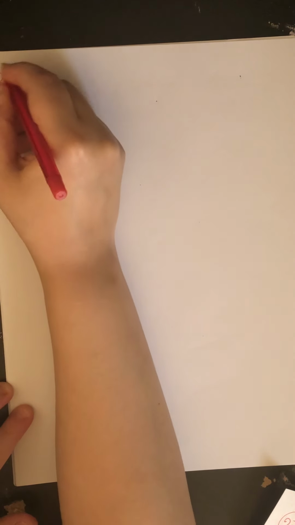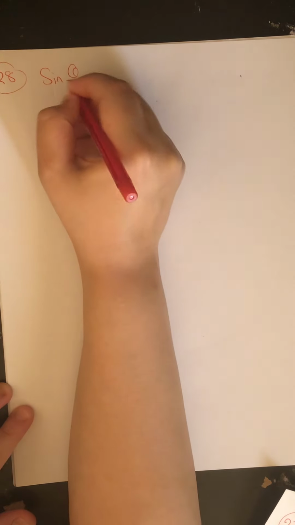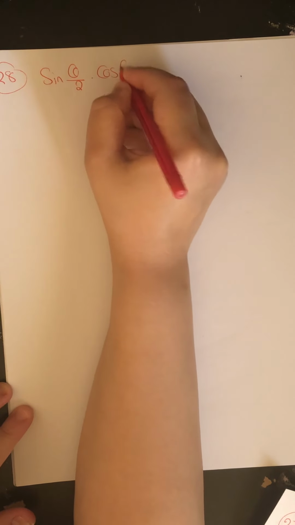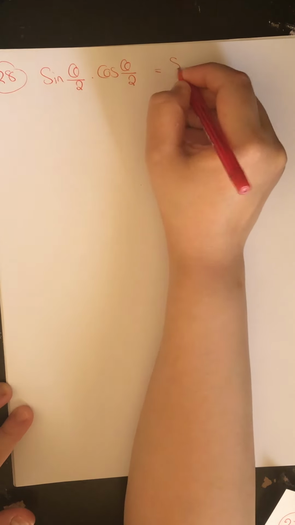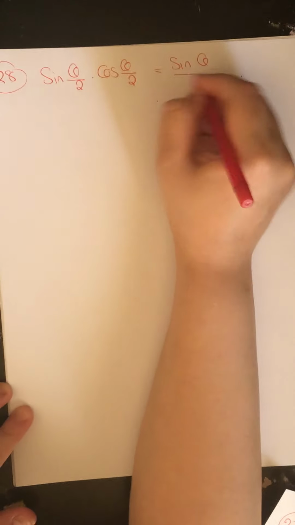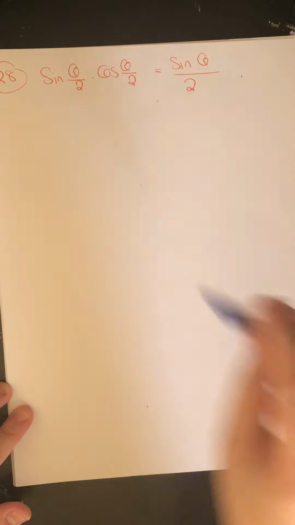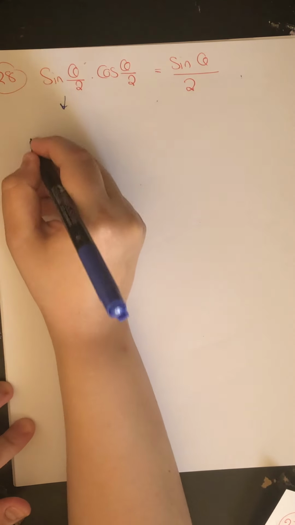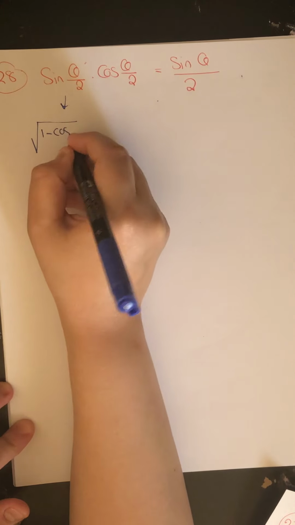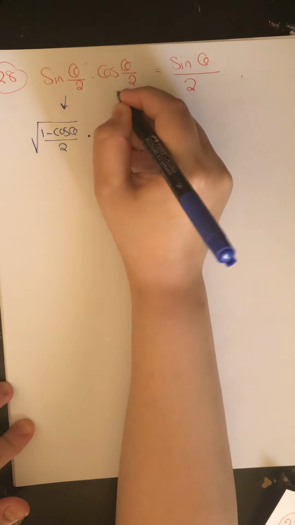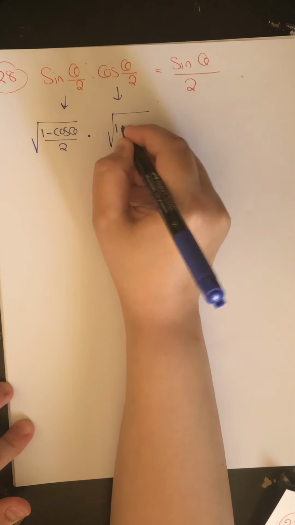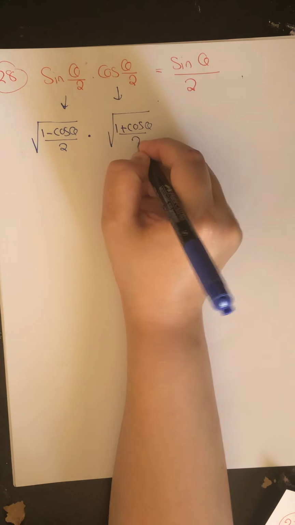I hope you're understanding. Question number 28: sine theta over 2 times cosine theta over 2 equals sine theta, all of it over 2. This is a half angle identity, and this is a half angle identity, which I know. This one is the root of (1 minus cosine theta) over 2 times this one, the root of (1 plus cosine theta) over 2.